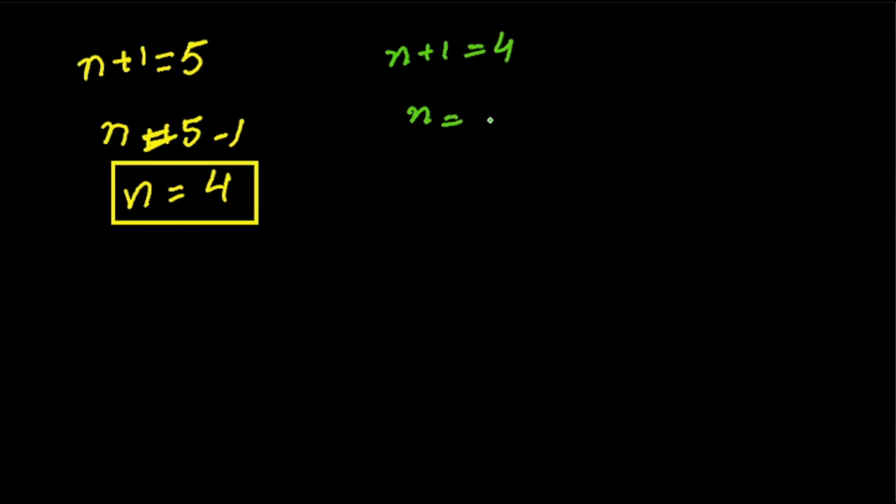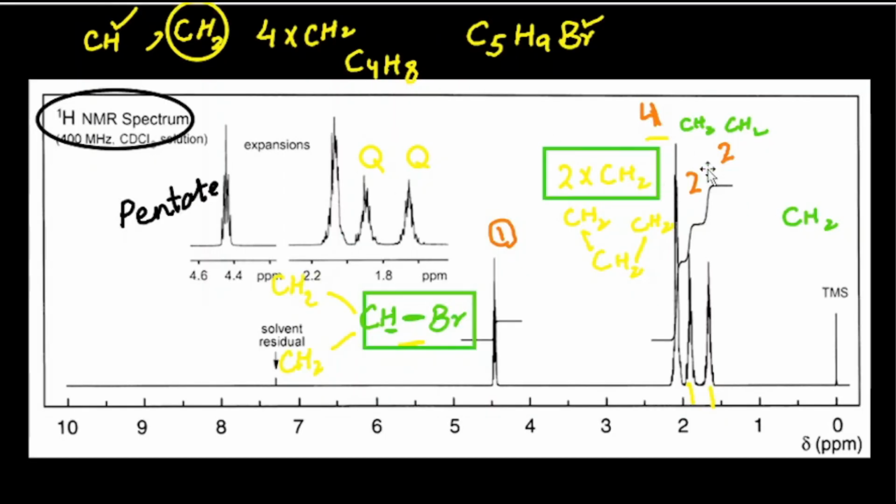So it means that in your neighboring the 3 hydrogens are present. So if the 3 hydrogens are present, it means that your structure is attached with the CH2 group on one side and the CH group on other side.